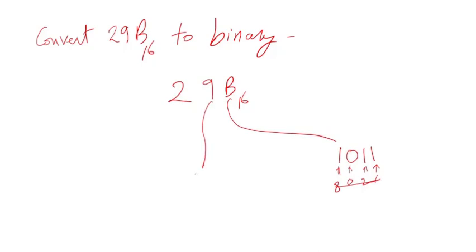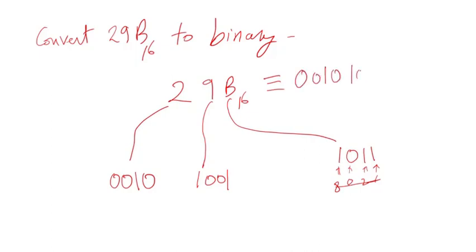So 9 would be 1 0 0 1, and 2 would be 0 0 1 0. If you group them all together, you get 0 0 1 0 1 0 0 1 1 0 1 1.